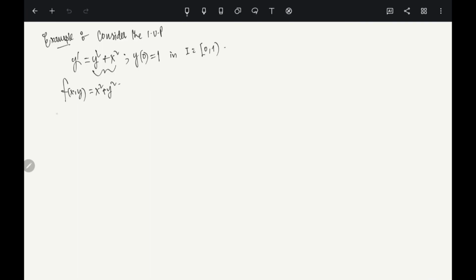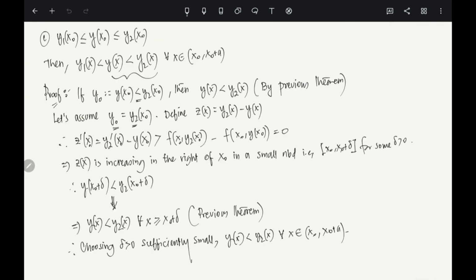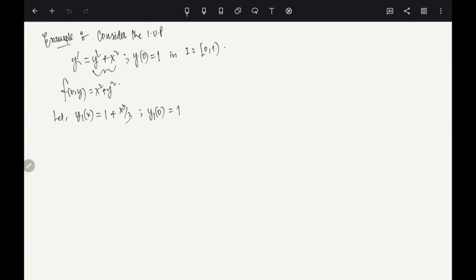Let's assume y1 of x is 1 plus x cube by 3, and y1 at the point 0 is 1, which is similar. You see, y at the point 0 and y1 at the point 0 are both equal to 1, so the equality holds, it works. So you see, y1 of x is 1 plus x cube by 3, what happens to y1 prime of x?